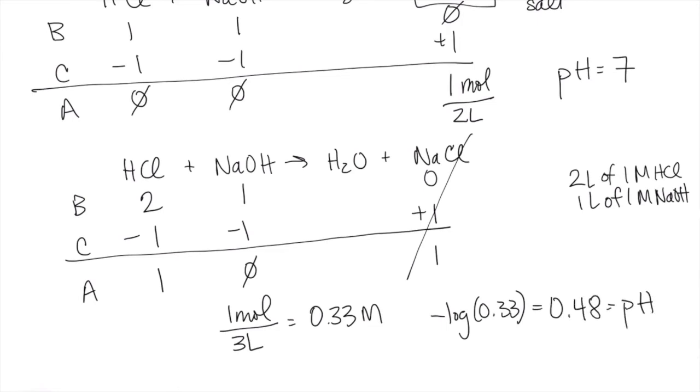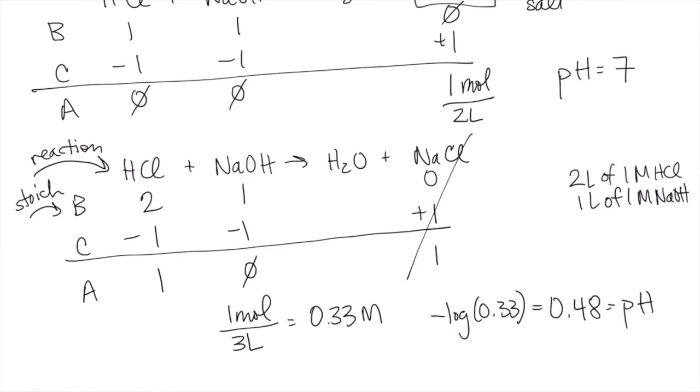Okay, so a couple of things again that I want to point out. Number 1, we had to figure out our reaction. We have to write the reaction that's going to happen. We have to use our brains to do that. We have to reason about it. It's an acid and a base. They react together. What are the likely products? We have to predict what those products are. Second thing, we're going to take care of some stoichiometry using our BCA table.